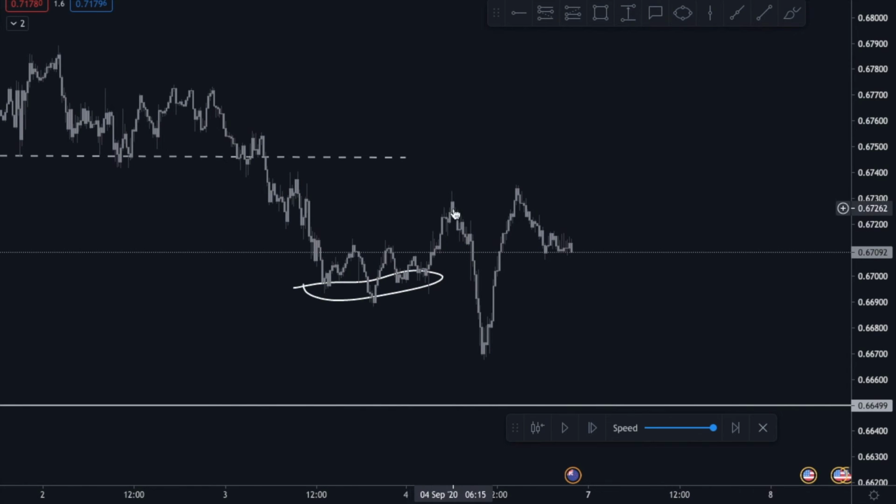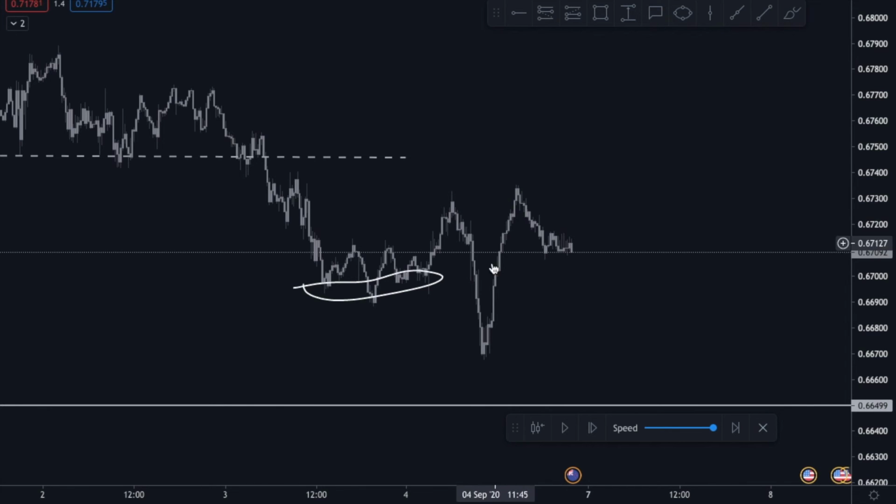And although this came down very aggressively and did come back up very aggressively, this is what we would call 100% retracement, because it came down very aggressively and then it retraced 100% of the amount that it pushed down.